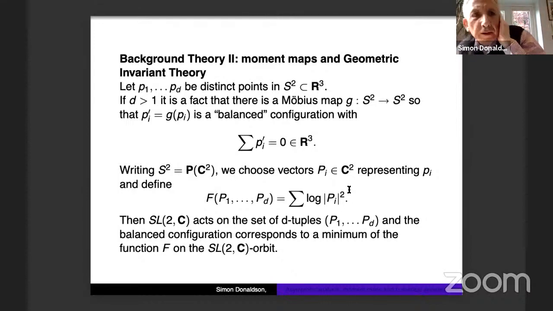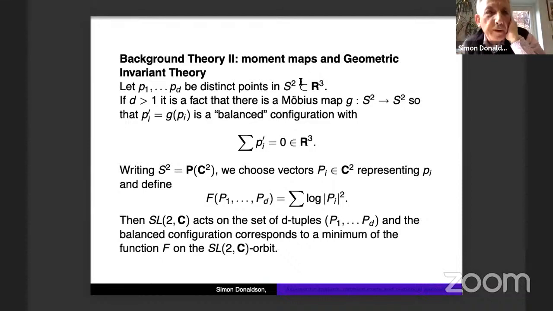So for that, I need to launch into another section of background. This is called moment maps and geometric invariant theory, though in fact neither of those things is going to feature explicitly in what we're saying, but those are the big bits of theory which go under those headings, which are very relevant to what we're saying.